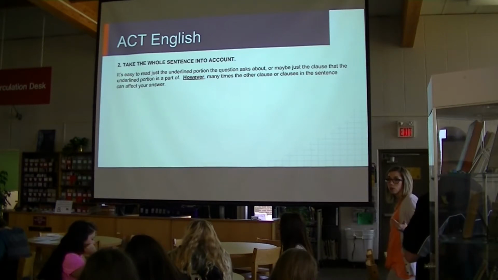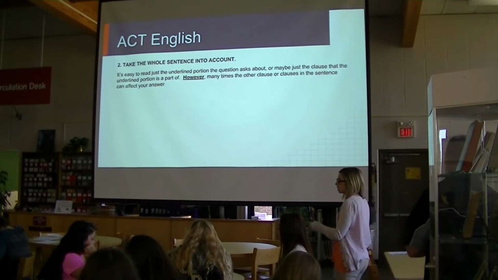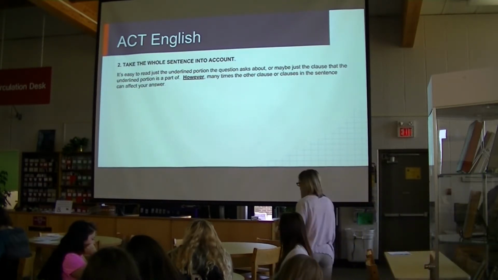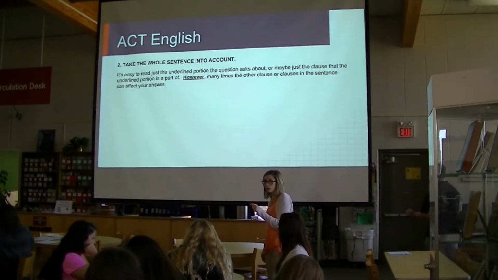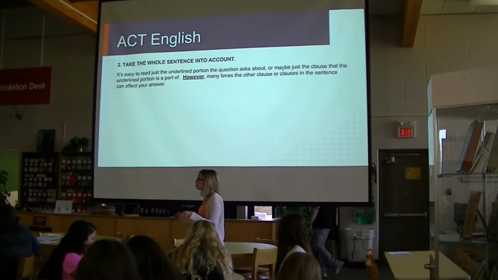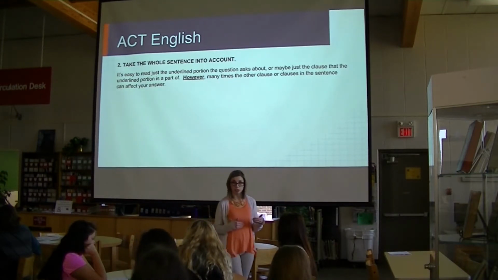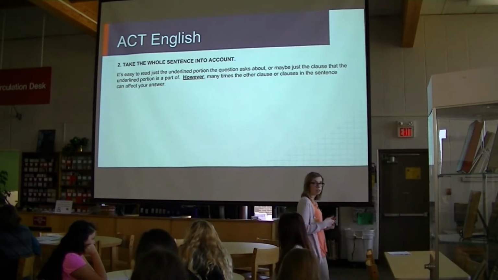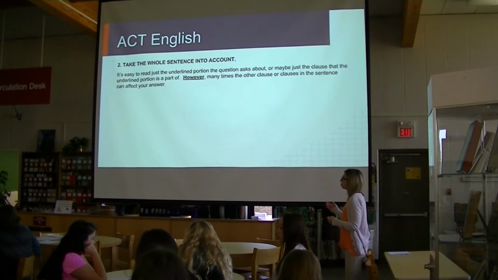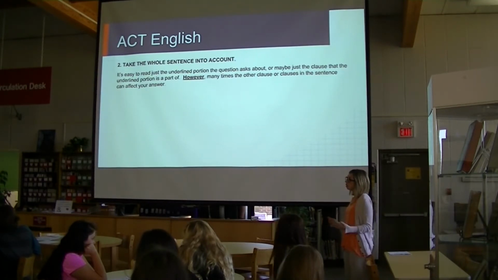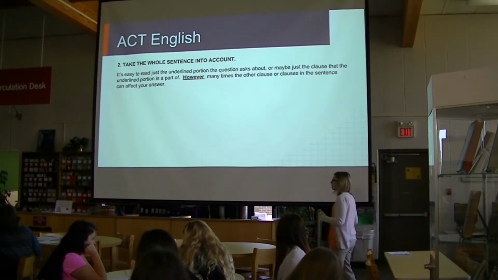For example, we pointed out a question about verb tense earlier. If they had only underlined the verb, you would have to know not only that sentence, but maybe a couple sentences around it to see what tense it was in originally, because it needs to be consistent. So that is an example of when you need to take the whole sentence into account, and sometimes even sentences around it.